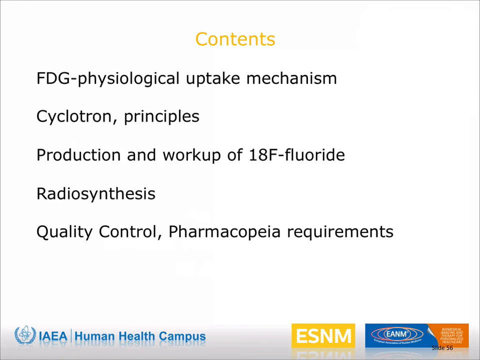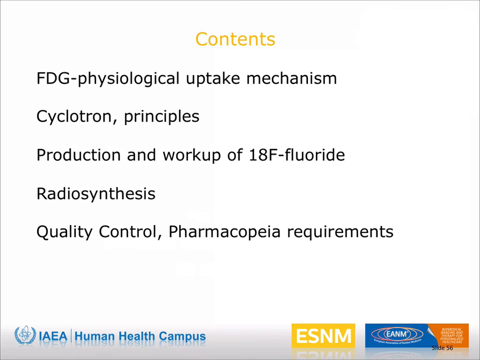The content of the presentation is as follows. First, a brief explanation is presented on the physiological uptake mechanism of FDG in tissue and why uptake is increased in tumors. Then we will focus on the production of the radionuclide fluorine-18, which is produced by cyclotron irradiation. Properties and principles of the cyclotron will be discussed.